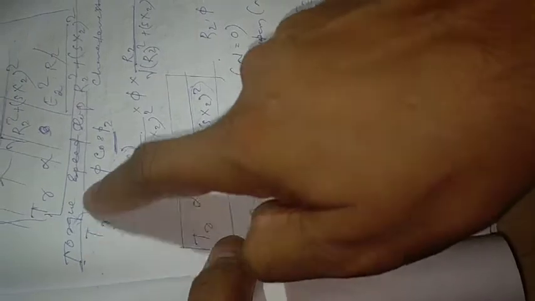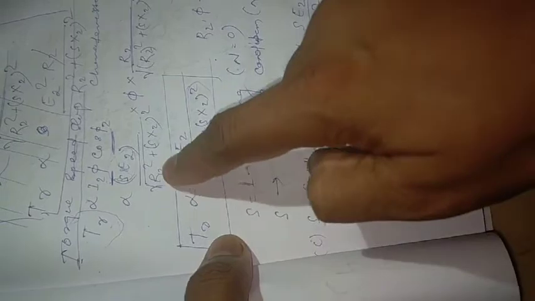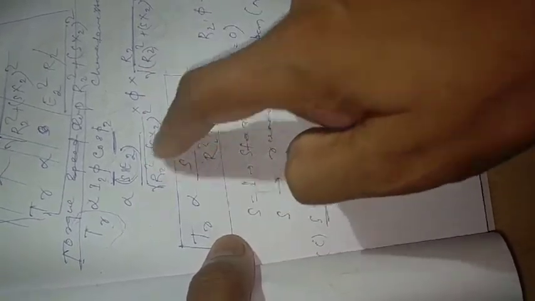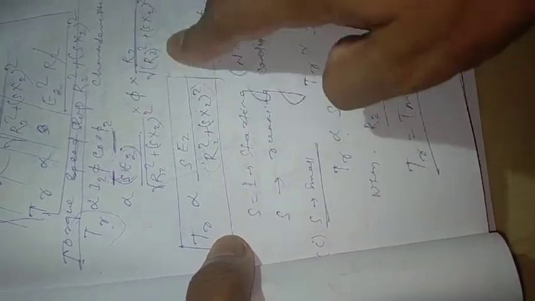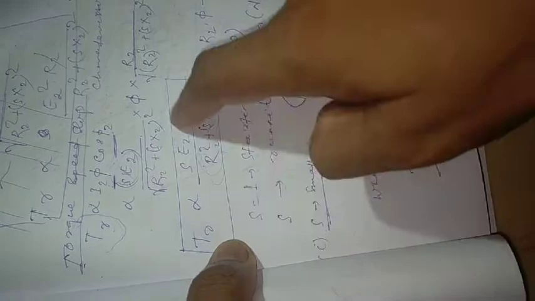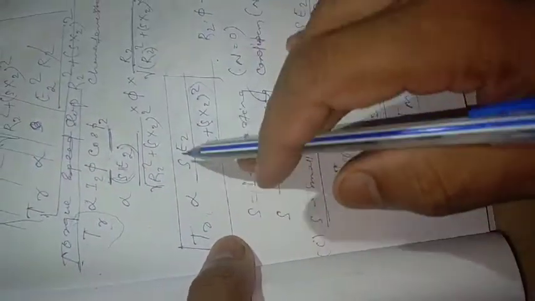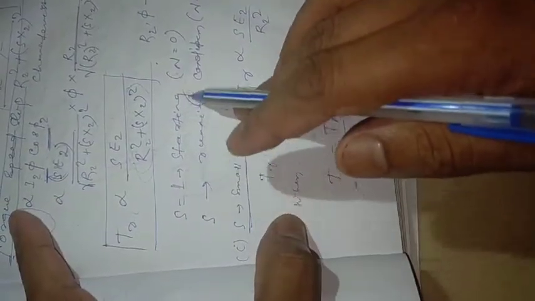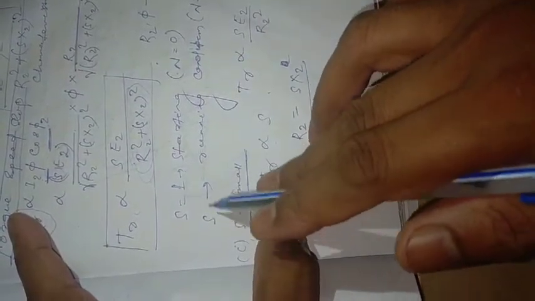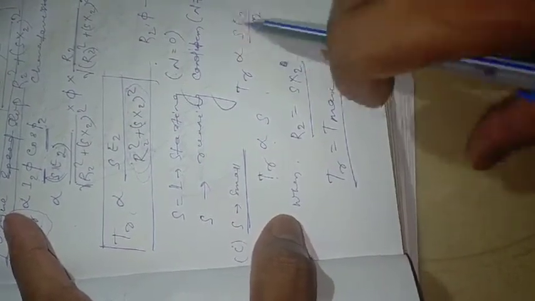So the starting torque, from this also you can define, will be E2 by the square root of R2 square plus X2 square, multiplied by flux multiplied by cos phi, that is R by Z. Finally, torque is proportional to S multiplied by E2 divided by R2 square plus (S X2) square. Clear? At starting, n is equal to 0; S is valid when it is running condition, where n is not equal to 0.